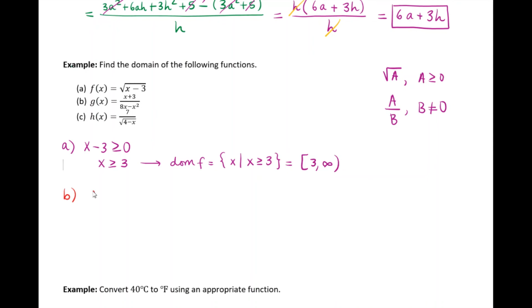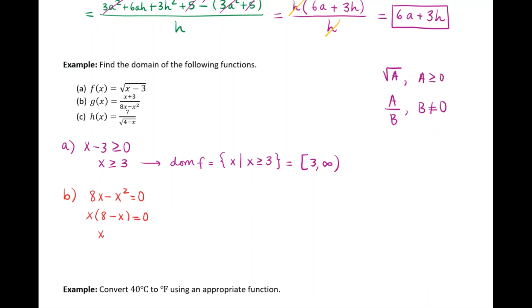So first set it equal to 0. I'm sorry, this. So if you look at 8x minus x squared, if you set this equal to 0, then you can factor out an x. And we got 8 minus x equals 0.